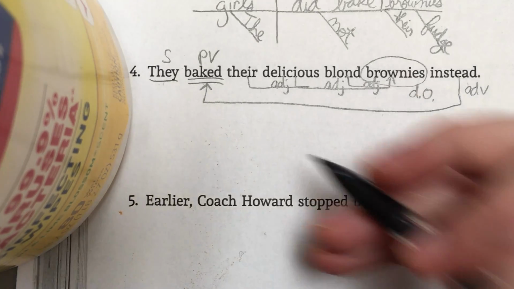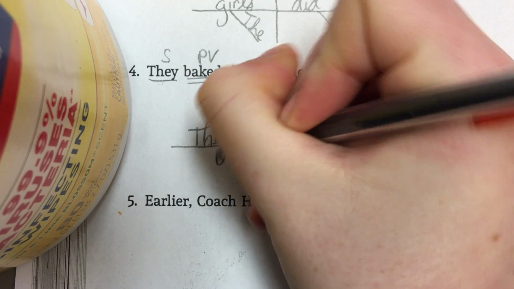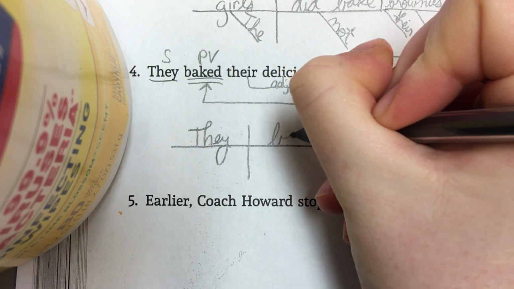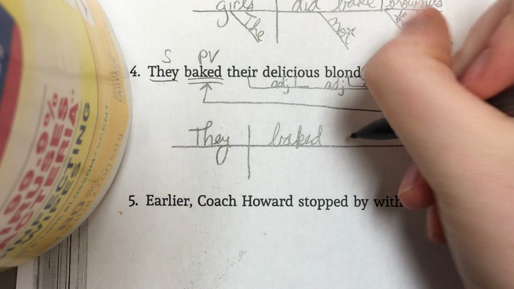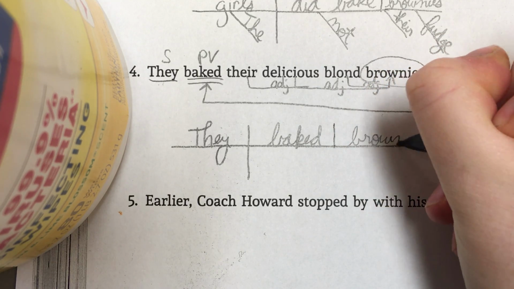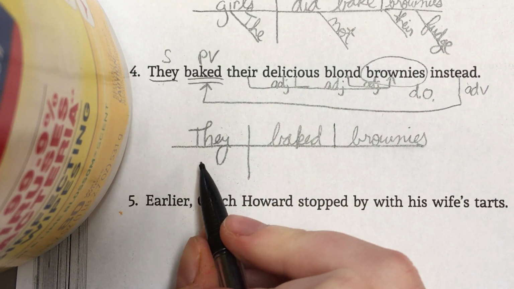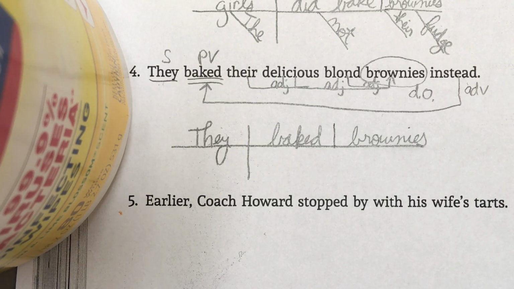Time to diagram. We're gonna make our skeleton for they baked. Subject and verb go first. And then our direct object, don't forget this line halfway through, brownies. That's the core of our sentence. They baked brownies. And now let's add all our modifiers underneath.